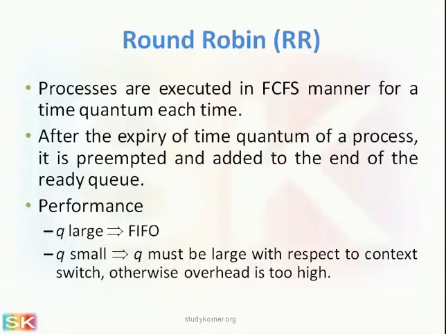Say it takes 2 milliseconds for a context switch from process P1 to P2, right? And you assign your time quantum value as 0.5 millisecond.